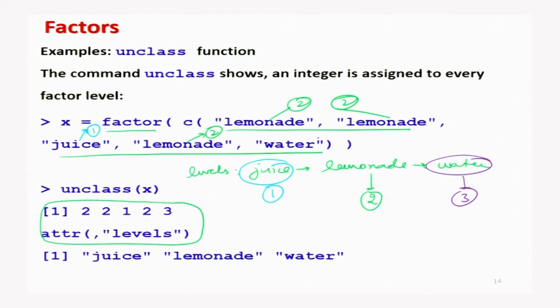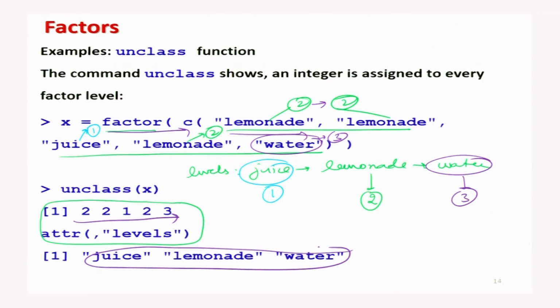So, this water will be replaced by number here 3, and then whatever is the outcome 2, 2, 1, 2 and 3, this is obtained here 2, 2, 1, 2, 3, and the labels are the same, juice, lemonade and water. The only thing is this, now this data has been converted into numbers, right.